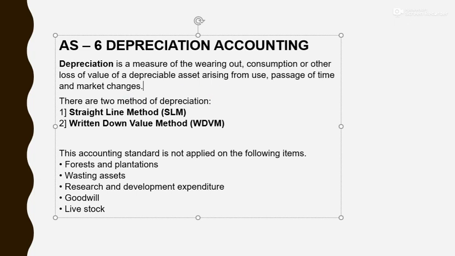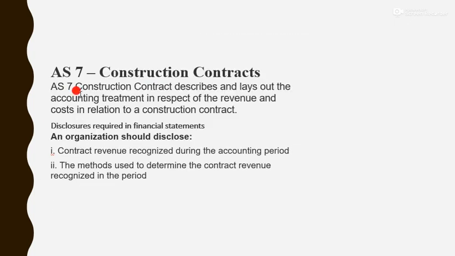Next, accounting standard AS7, construction contracts. Meaning of construction contract: it's specifically negotiated for construction of an asset or combination of assets.